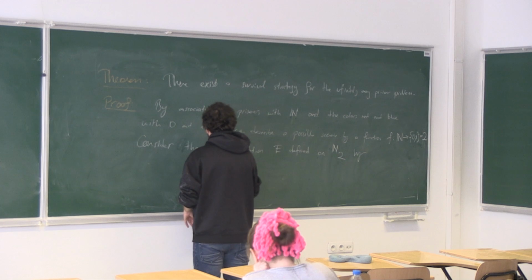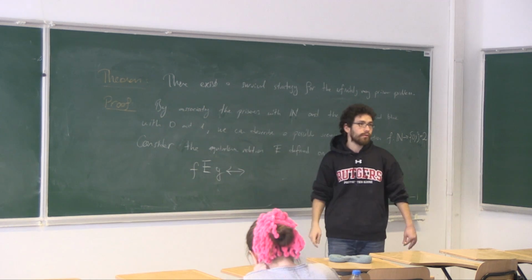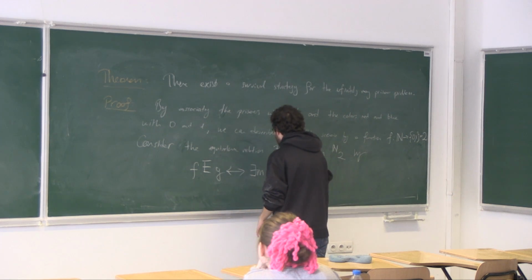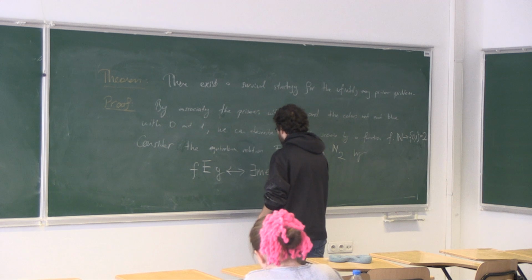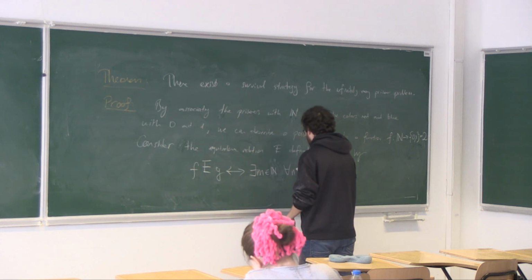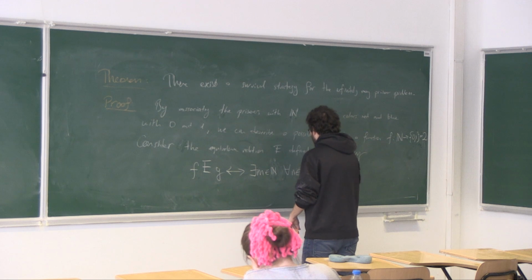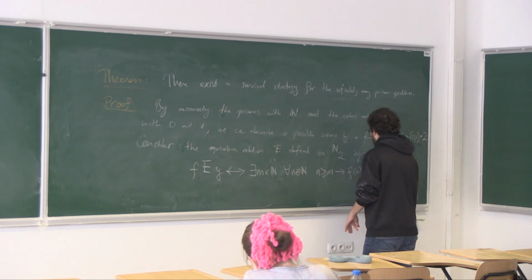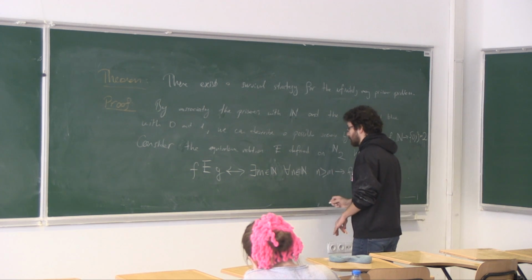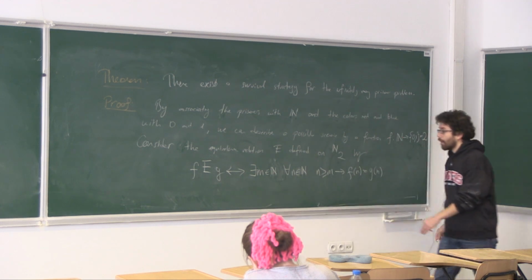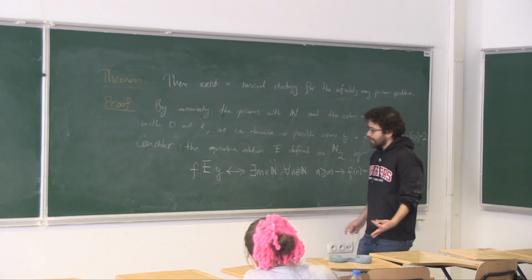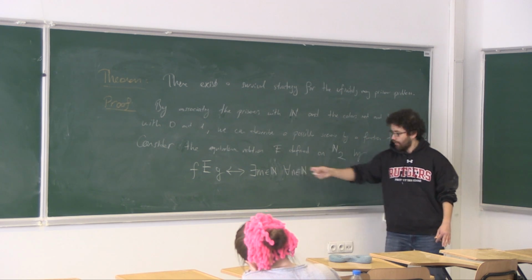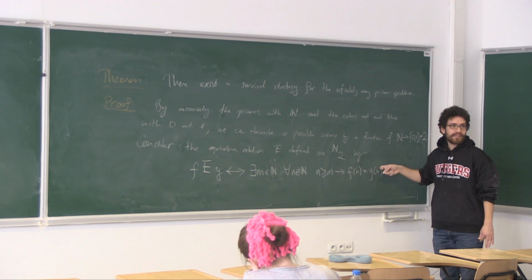Two functions are said to be E-equivalent if and only if they agree after some time. What do I mean by this? Two functions are E-equivalent if and only if there exists some natural number such that after that natural number, these functions take the same value.